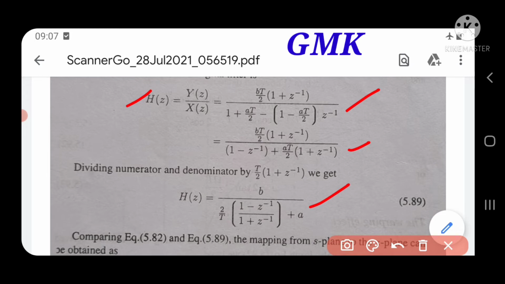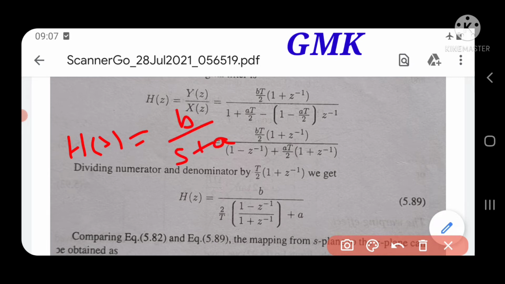So for that purpose, in the starting of our discussion, we considered H of s, the analog filter assumption, which can be represented as b by s plus a format, right? So in order to make this digital filter in this format, we can make some adjustment by multiplying and dividing the corresponding term.